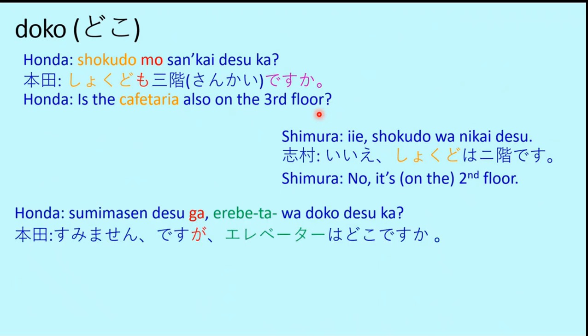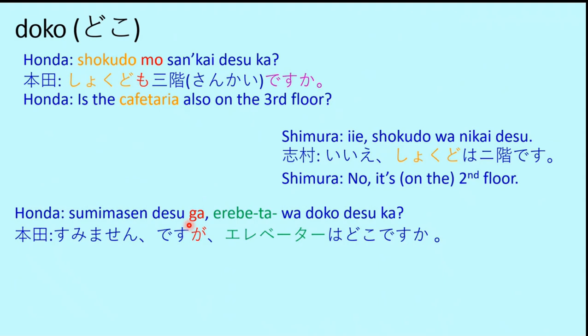Honda-san says, Sumimasen desu ga, erebeta wa doko desu ka? Sumimasen is excuse me, we all know. Desu ga. Ga is a particle that we are yet to study in this series. But for this conversation, just keep in mind that ga is used to join two sentences, and it gives a similar meaning to but in English.